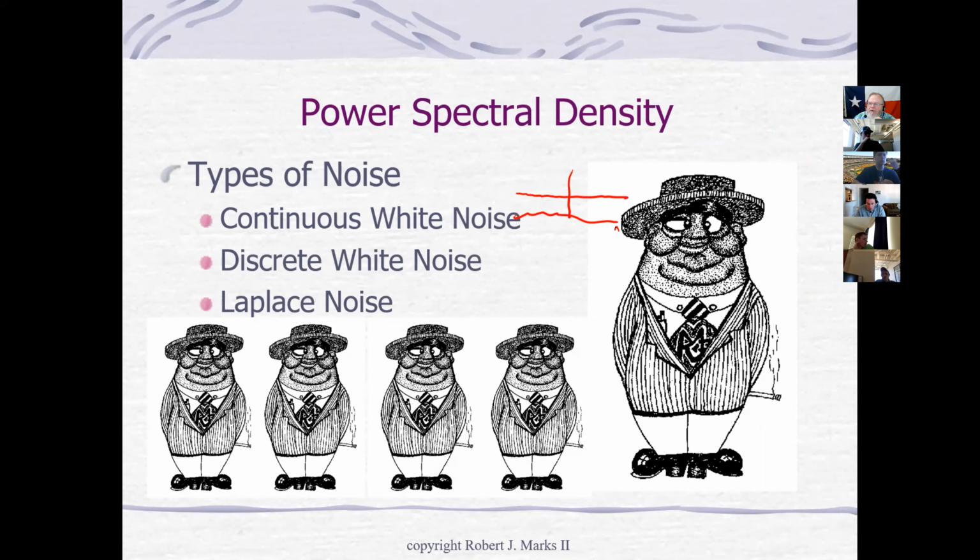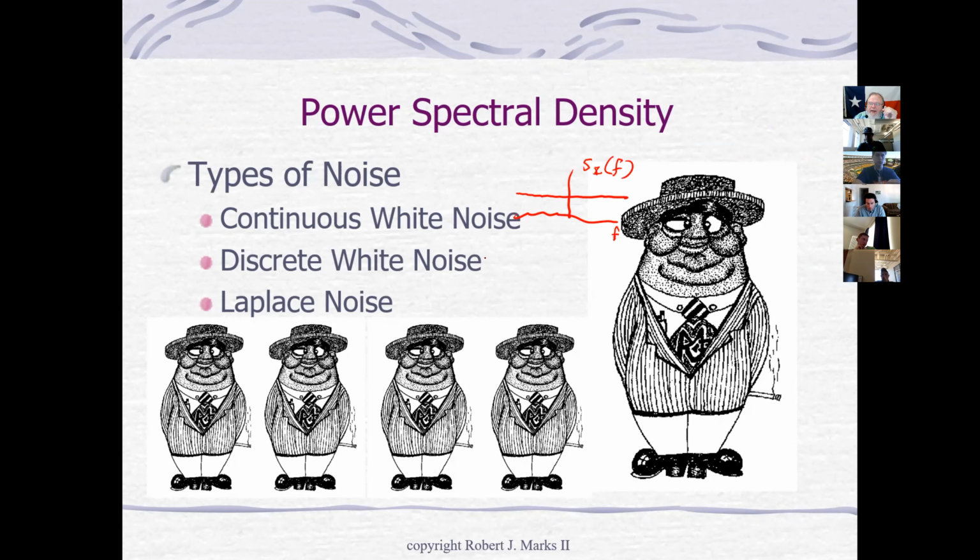So if we look at the power spectral density, white noise contains all frequency components at the same exact level. Since all frequencies are equally present, that's the case with white light. So this is referred to as white noise.